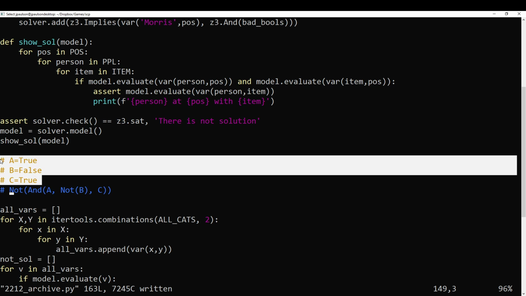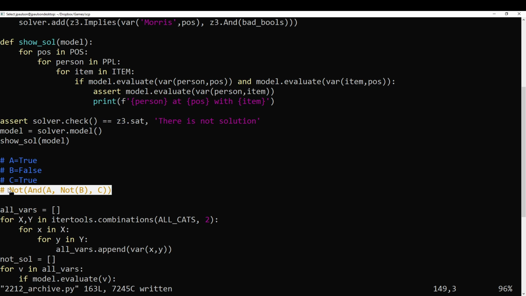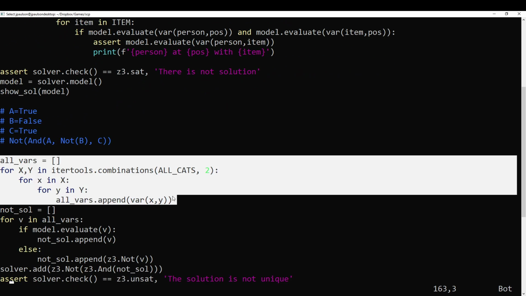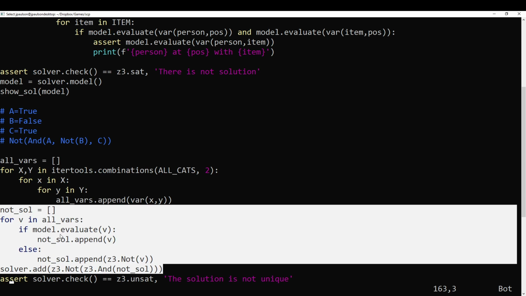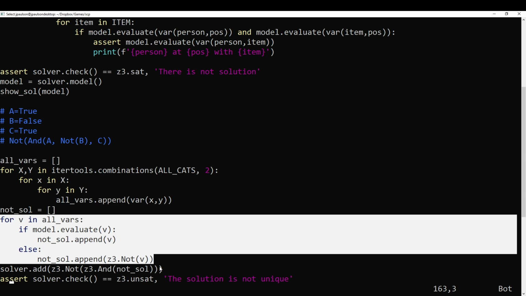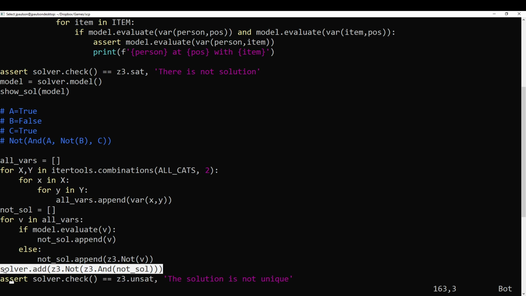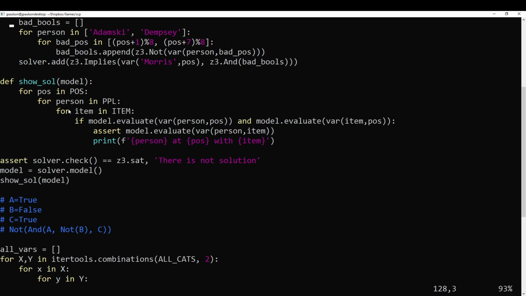So one of the variables must be different, or I guess this is sort of saying they can't all be the same. So we collect up all the variables and what they were set to in our first solution, and then we add the rule that they can't all be the same as that, and then we check that there's no solution. Sat means satisfiable, there is a solution. Unsat means unsatisfiable, there is no solution. And then we can print out our solution.